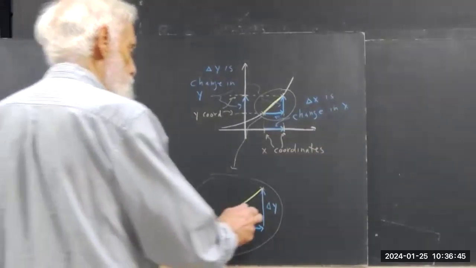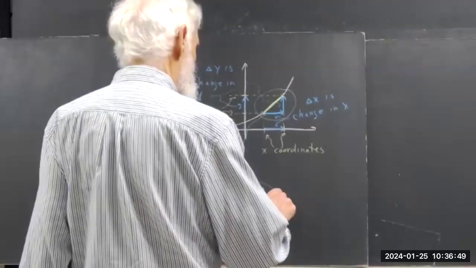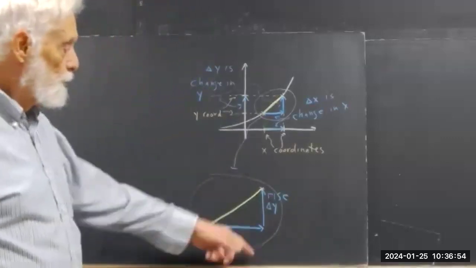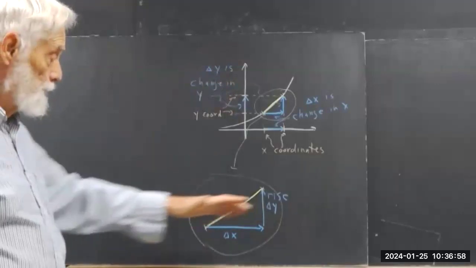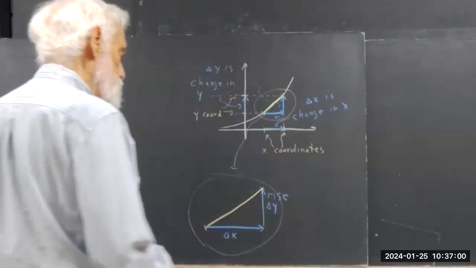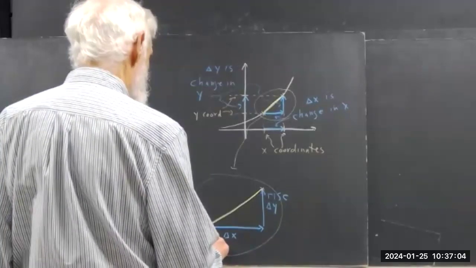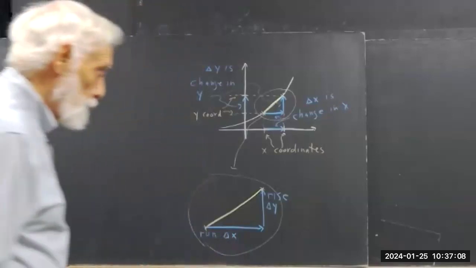Now, we're going to call delta Y the rise because it goes up. Now, what do we call something that goes over? We don't have a universal word for that. I'm going to call this the run.